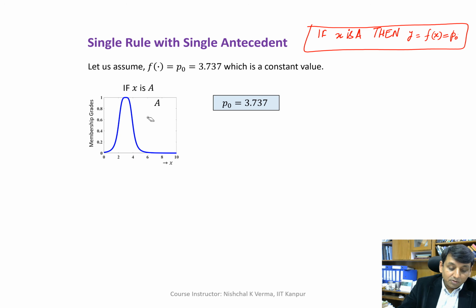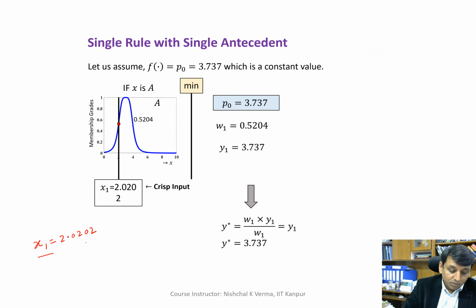So let us now apply the input here. When we apply the input, we see that corresponding to x1, we have the membership value here, which is coming out to be 0.5204.